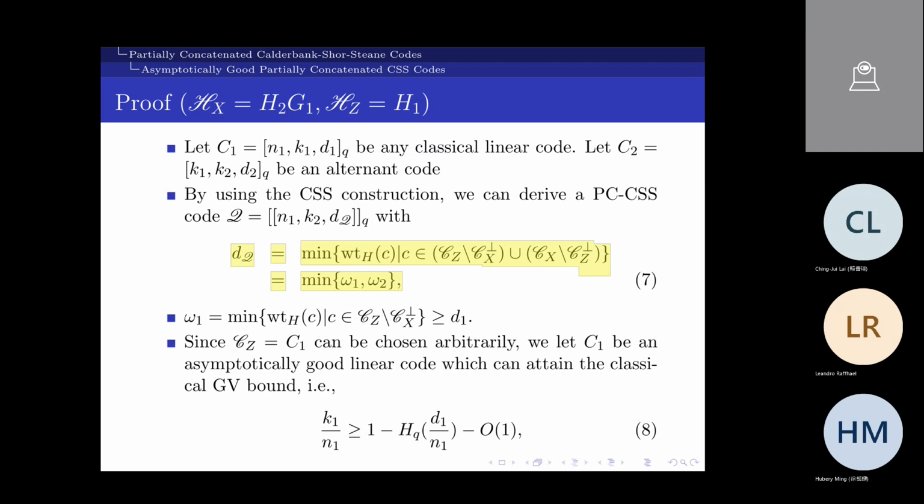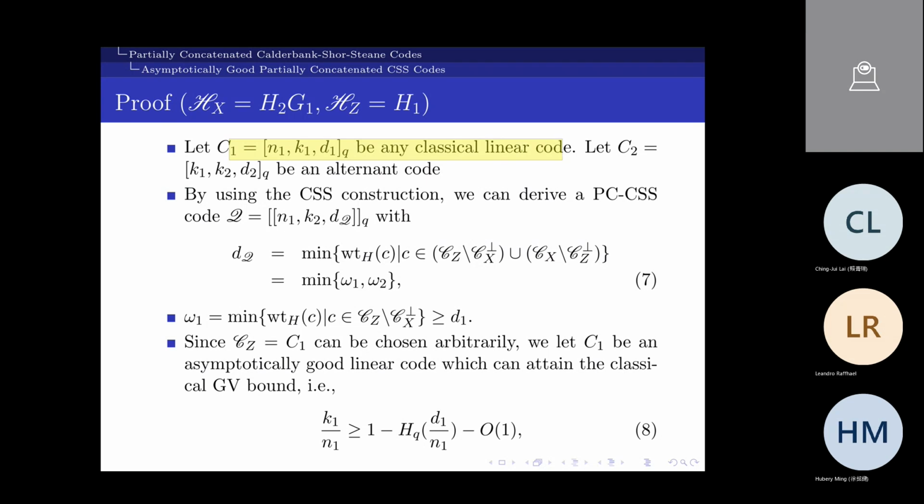We can see that omega 1 is larger than or equal to d1, and d1 is the minimum distance of C1. So the lower bound of omega 1 can be determined. Yes, it is d1.